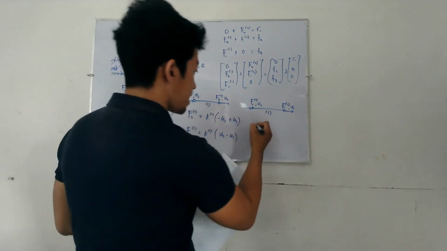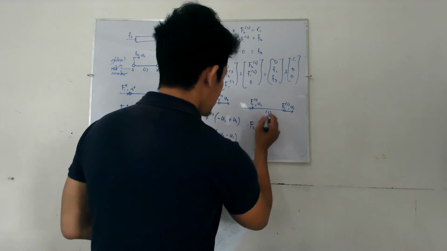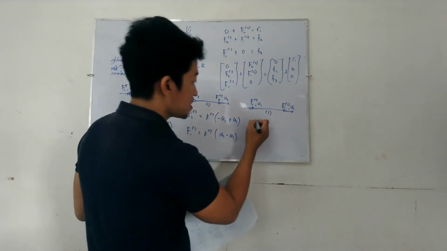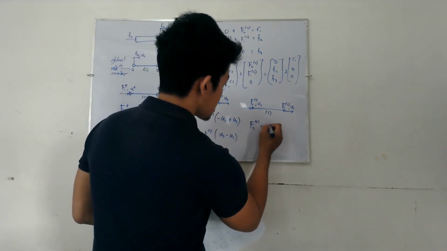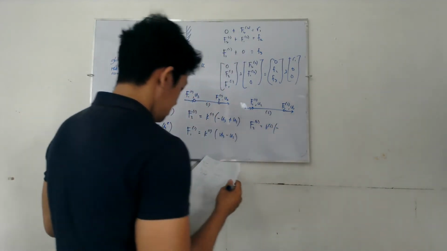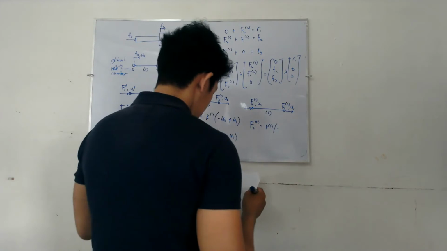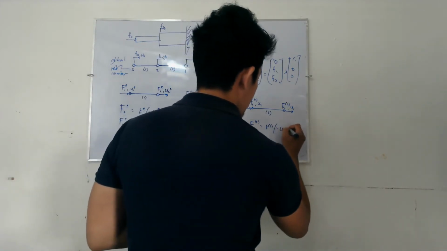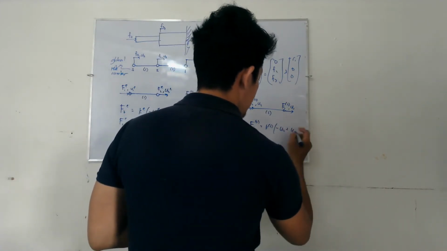So similarly, the equation would be F2, the element number, k of 2 times negative U2 plus U1.